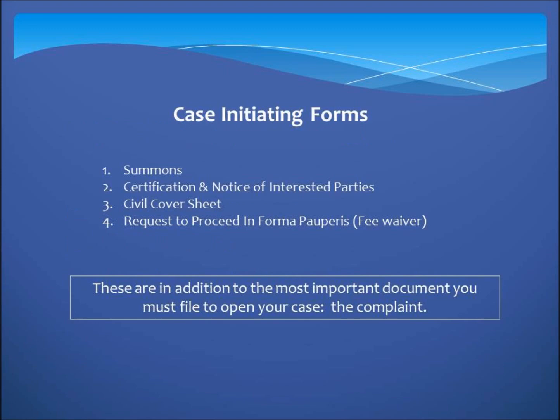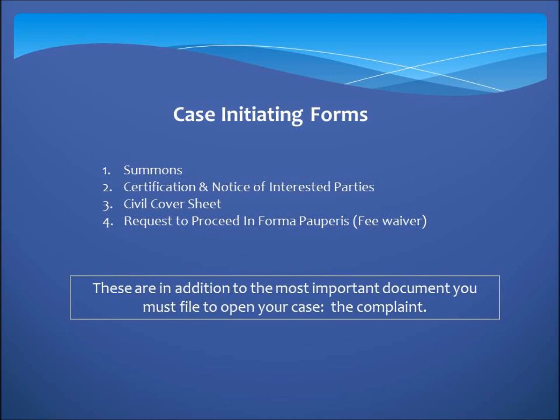Let's start with, what exactly are the case initiating forms? These are the court forms you need to file along with your complaint in order to start a case in the Central District of California.